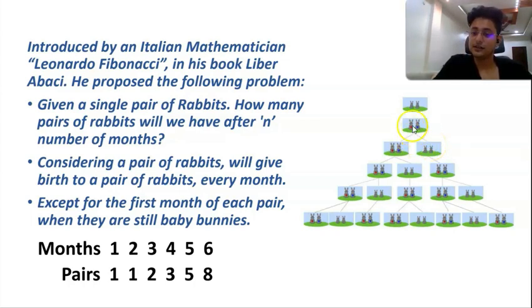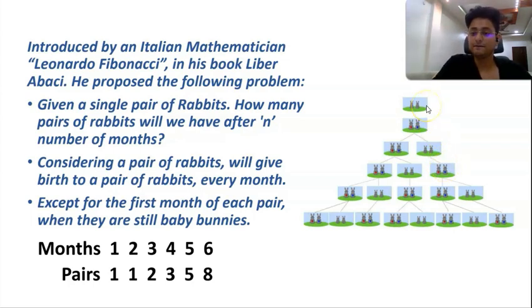So in the third month they become two pairs, one pair of adults and another pair of baby rabbits. So in the fourth month the pair of adult rabbits gives birth to another pair of baby rabbits, and the baby rabbits from the third month grow on to become adults in the fourth month.